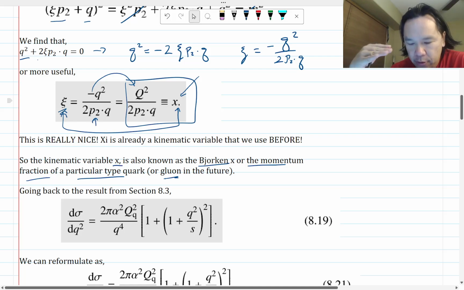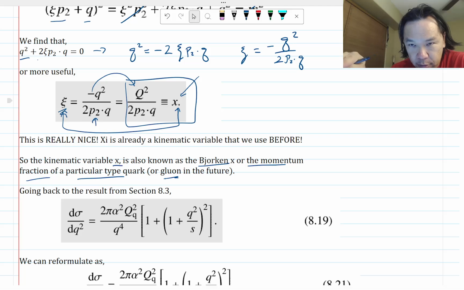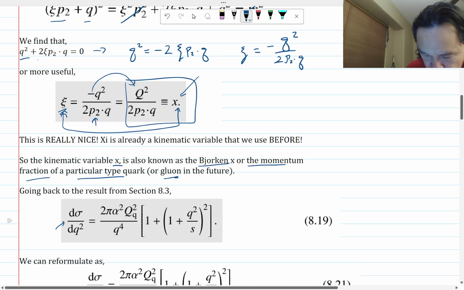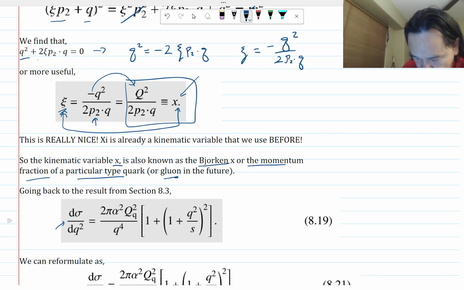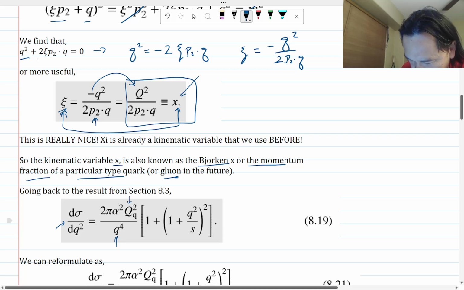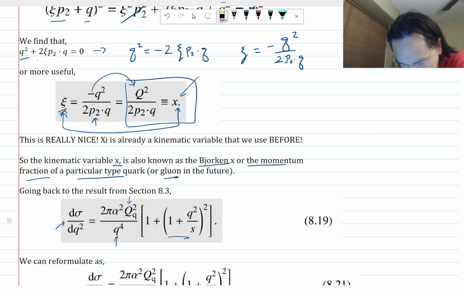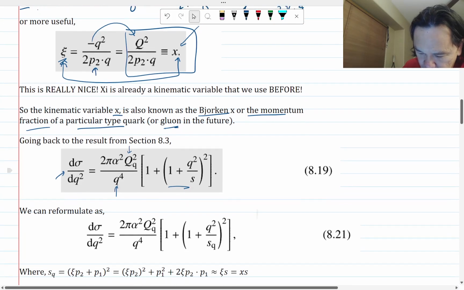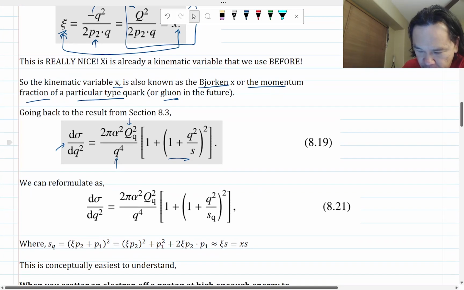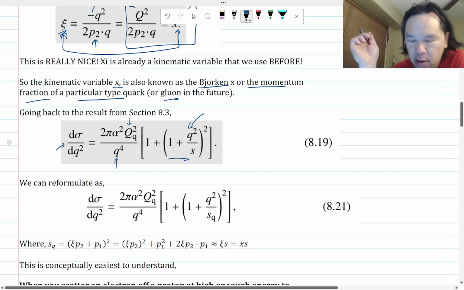Okay, what we're going to do now is go back to the result from the previous section, 8.3. Remember that the differential cross-section with respect to Q squared can be written as this complicated equation: 2 pi alpha squared times the charge of the quark squared divided by Q to the 4th, and then there's this long fraction, the stuff in the bracket. This is an electron scattering off a single quark.